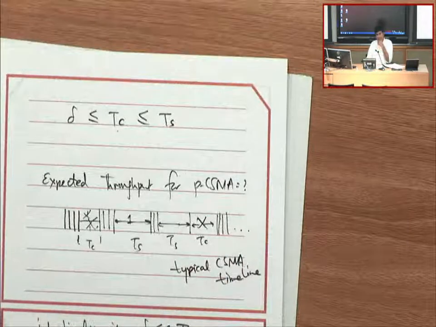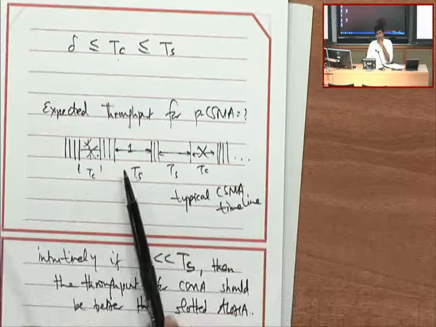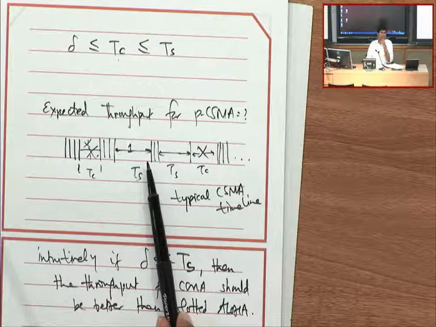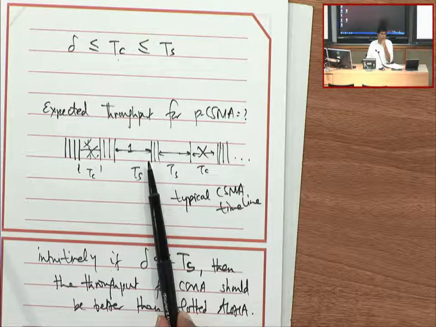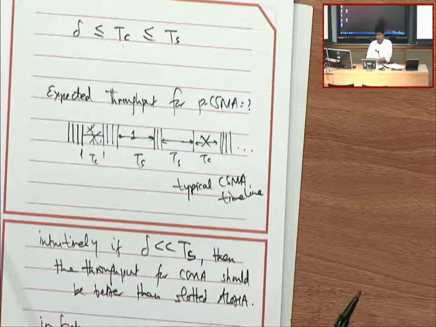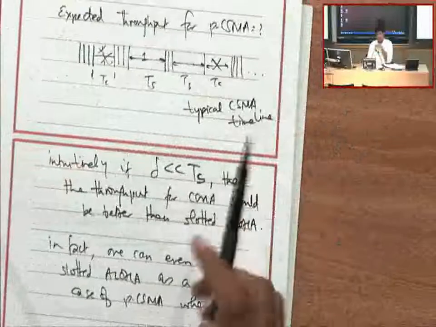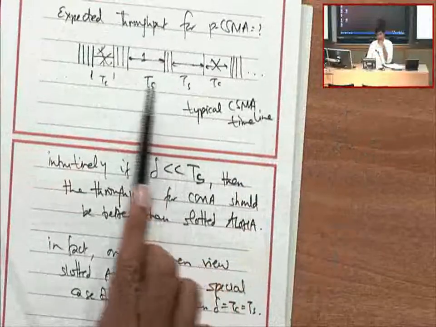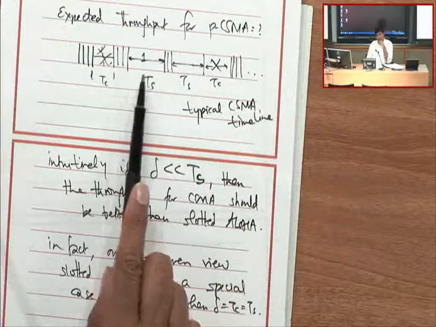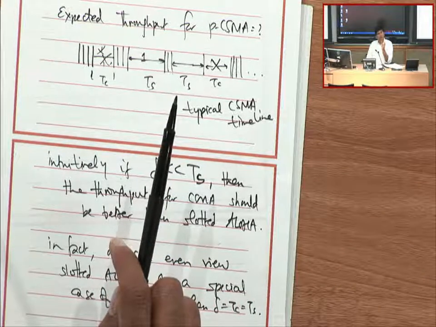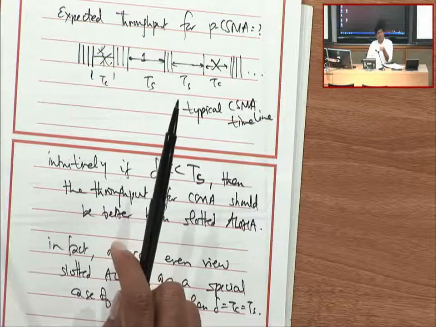So if you want to figure out the expected throughput for PCSMA, in some sense what we need to find out is what is the fraction of time you spend in the success state. Okay? And the way you do that is you find the expected success duration by taking each possible epoch, the time between contentions, as a random variable, and asking what is the expected duration of this epoch.